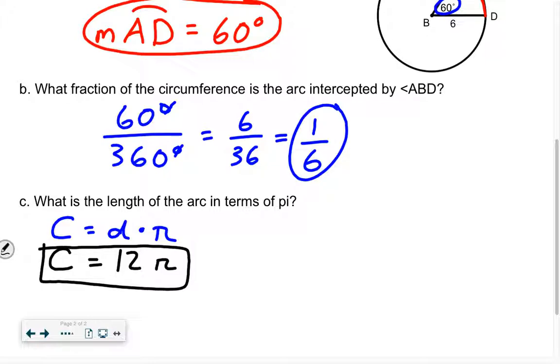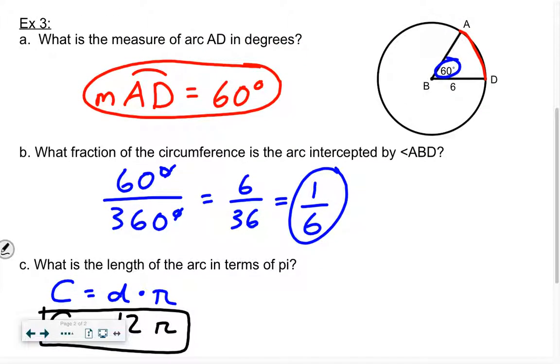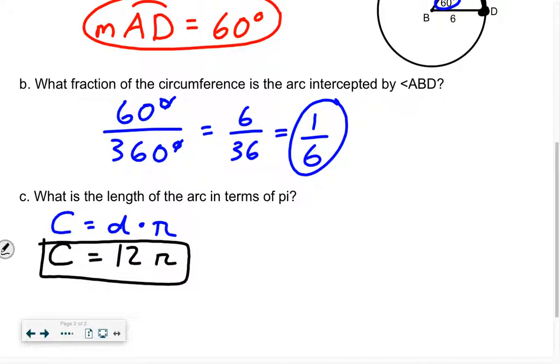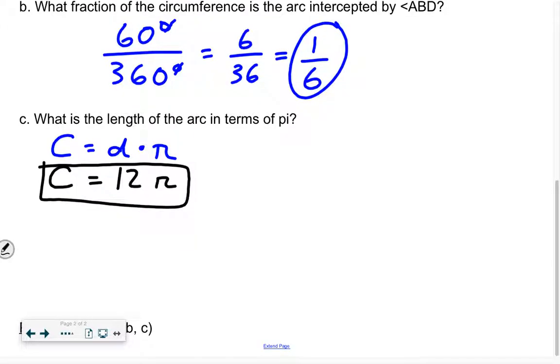But we don't want the total circumference. We want to go back and find the length of the arc, the distance between A and D on the outskirts of the circle. We're going to use our answer from part B, because we know that that arc takes up 1/6 of the circle. So for the last part, we want to know what is 1/6 of that 12 pi.